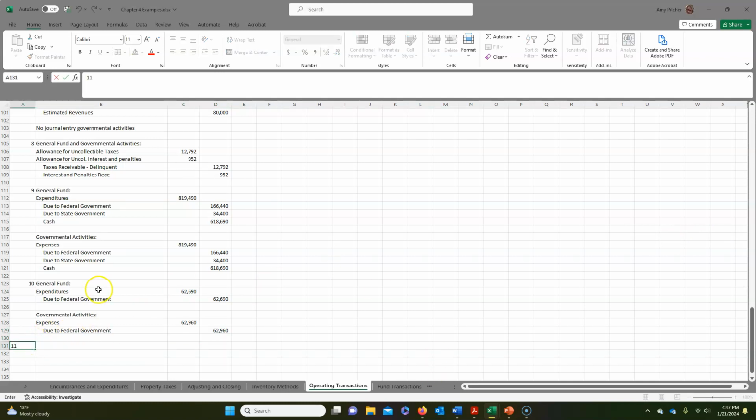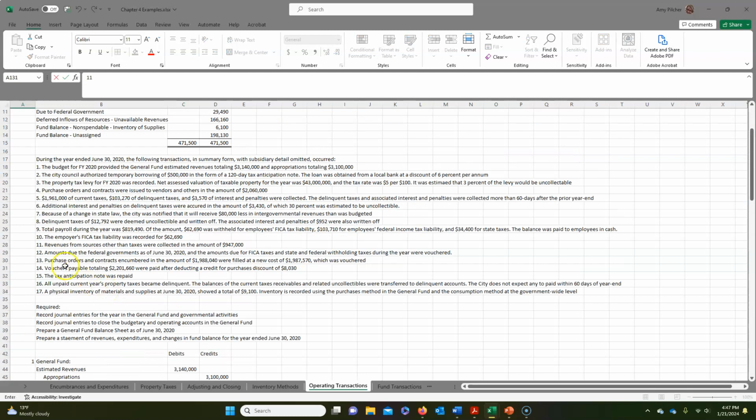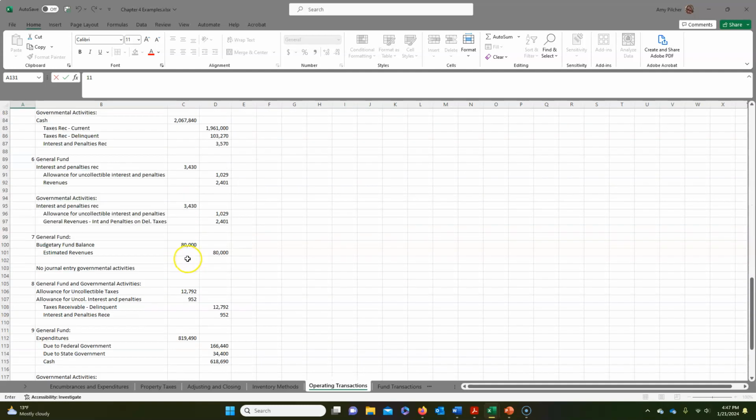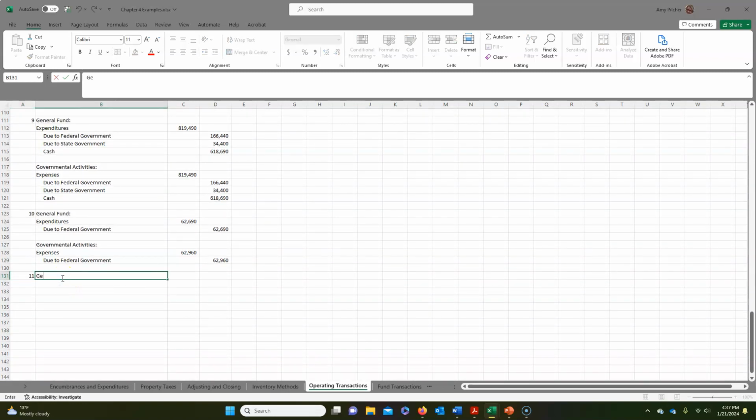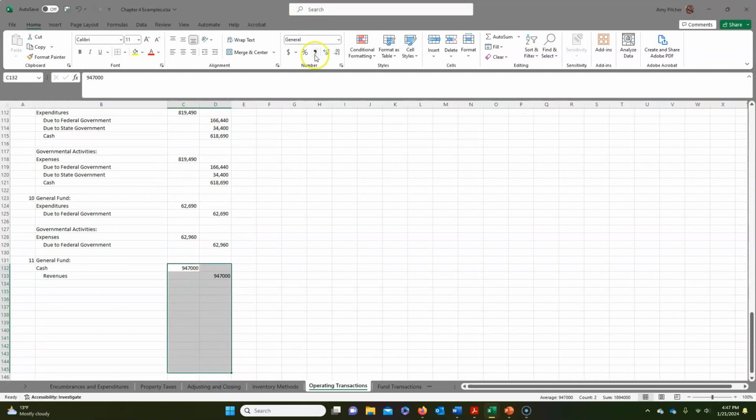Transaction 11. We have revenues from sources other than taxes were collected in the amount of $947,000. So we have our general fund. We received cash in the form of revenues. So we're going to debit cash and credit revenues.